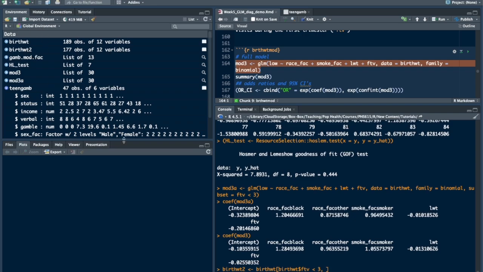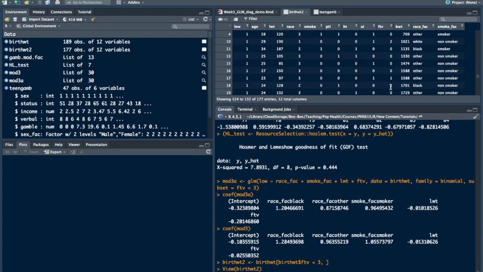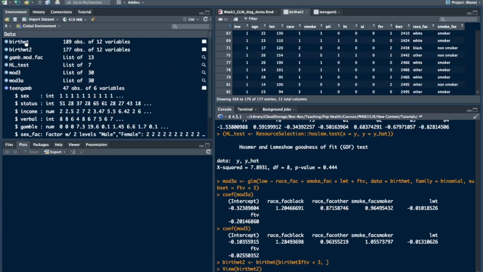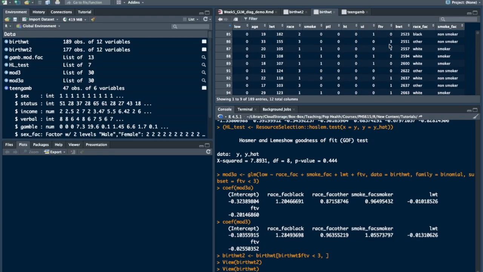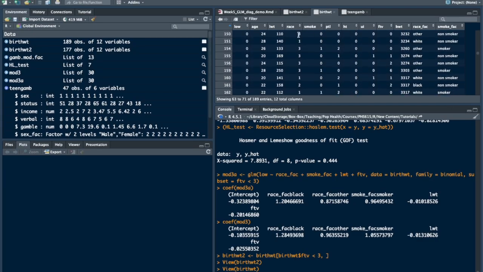And so we can see birthwt2, we drop more than 10 cases. If we look here, we're going to find only 0s, 1s, and 2s in the FTV column, whereas before we had a few people with a 3, another 3. We should find the person with 6, somewhere a 4, and so on and so forth, right?